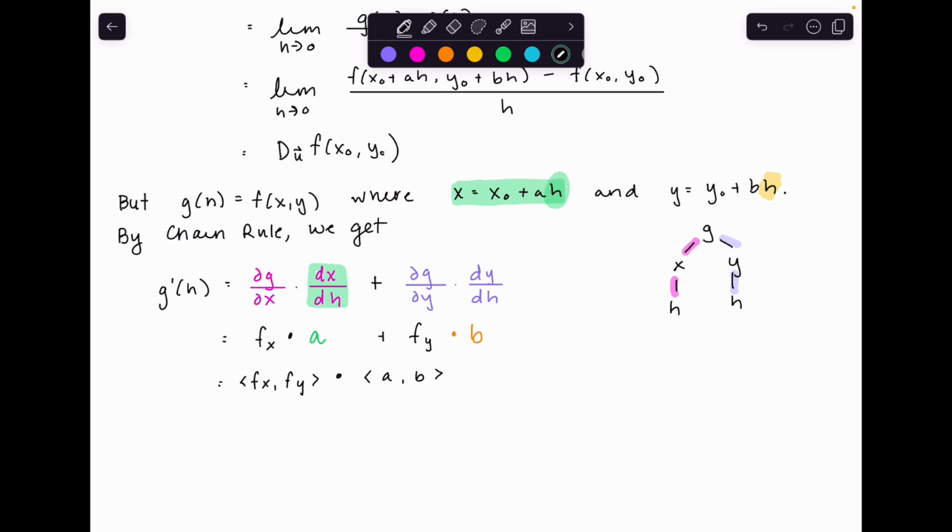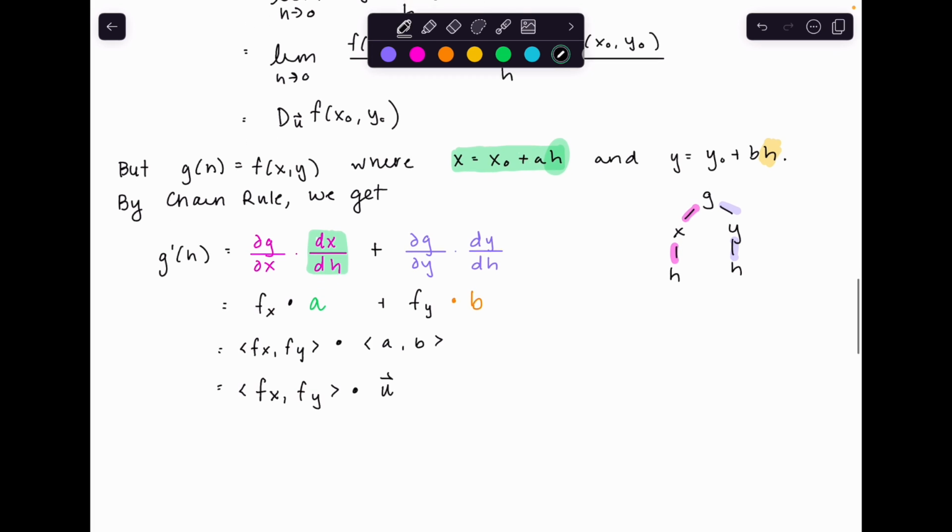Okay, because again, you would just multiply the like components, add them together. So really this is taking a vector with the partial derivatives and dot producting it with the vector u. Okay. So this is really amazing for us, okay?